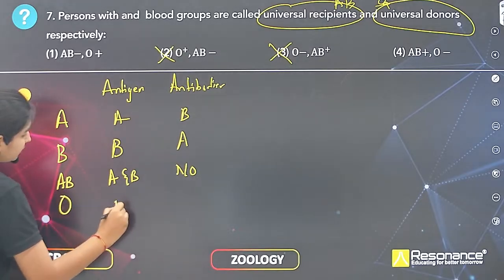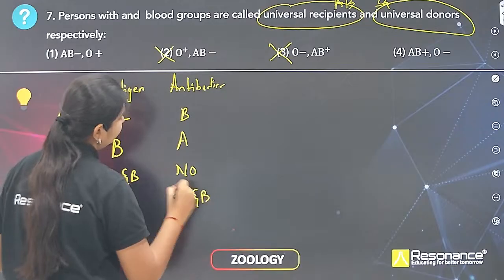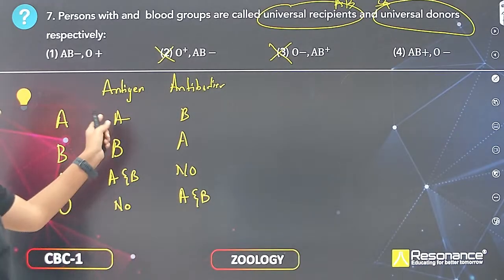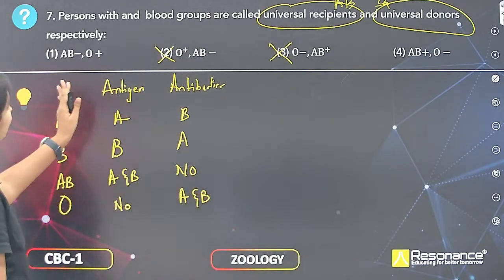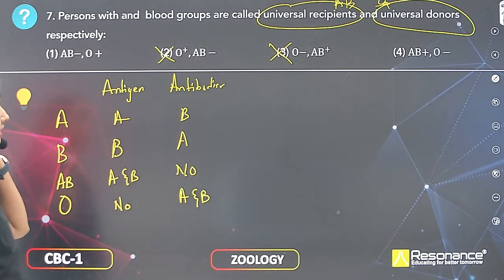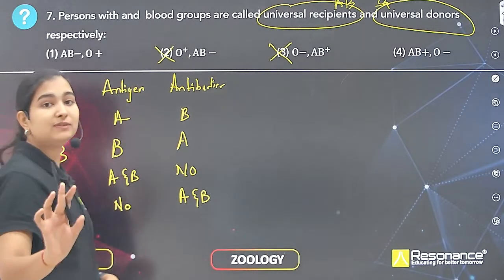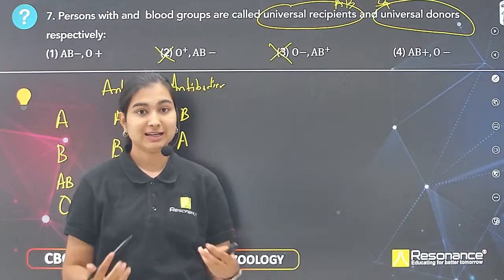O has no antigens, but has antibody A and antibody B. So you eliminate two of the options. What is remaining here? AB negative and AB positive. If you go with the first option, AB negative, it is a recipient.